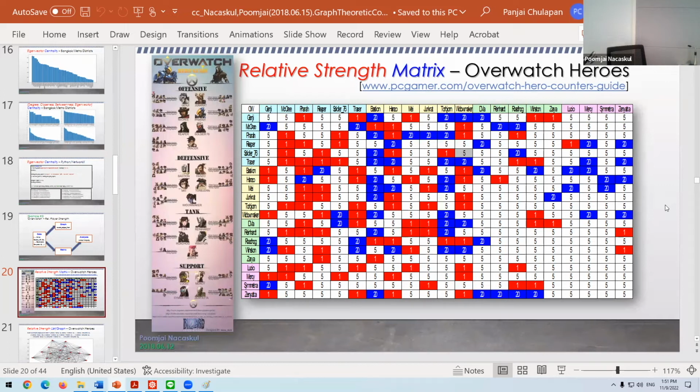Now, this is where eigenvector centrality comes in very much, because this is your strength versus your enemies. But if you have weak enemies and you're strong against weak enemies, that doesn't matter much. What you want is strength against strong enemies. And how do you measure the strength of your enemies? They themselves have to have strength against strong enemies.